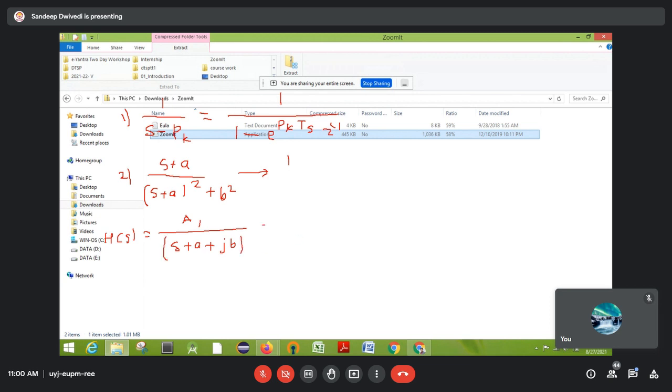Okay, so bracket square will give you the term s plus a whole square plus b square. Okay, so you can separate this term like this, take this as A2, and you can try to solve, and you will get the proof of this. So s plus a minus jb, and jb squared, so j square is minus 1, so this will be plus.